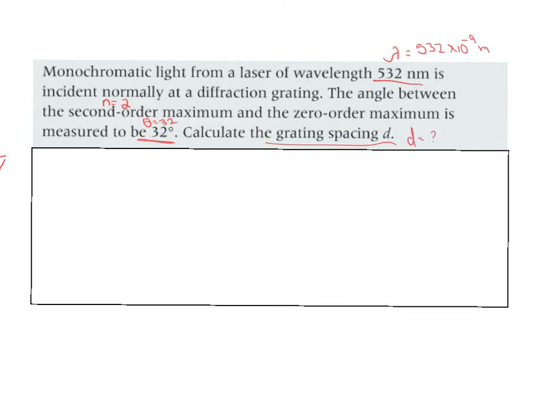So you know that n lambda is equal to d sine theta, which means that you need to calculate d, so you will rearrange for d. And you just place the numbers in.